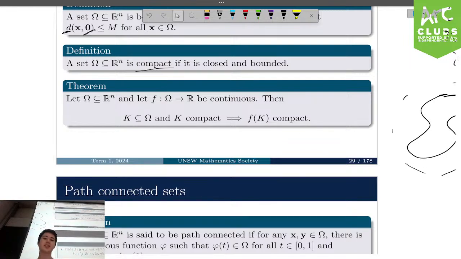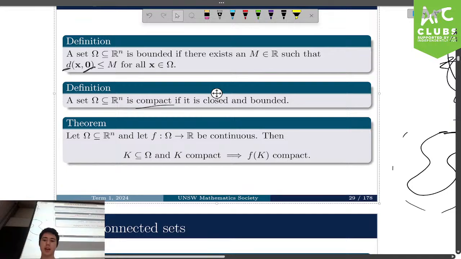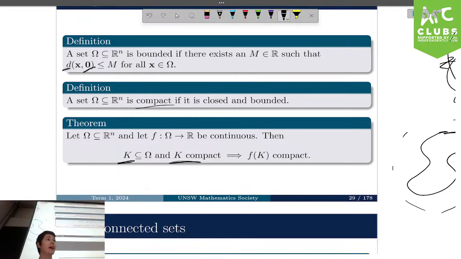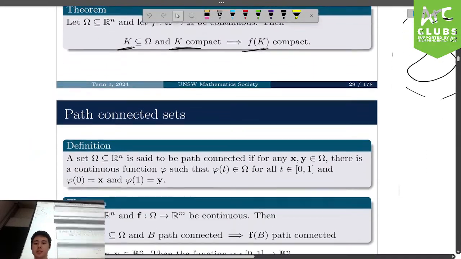If we have a set omega and a function that is continuous from omega to the real numbers, then given that you have a subset of omega and that subset is compact, the continuous function of a compact set is also going to be compact. So compactness is preserved over continuous functions. Very nice argument there.